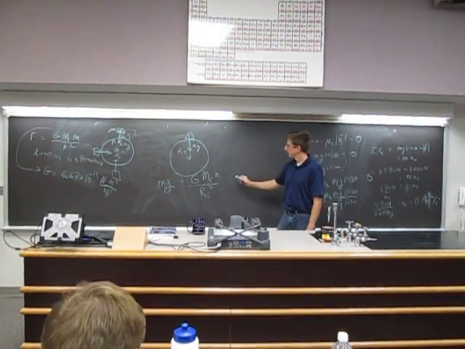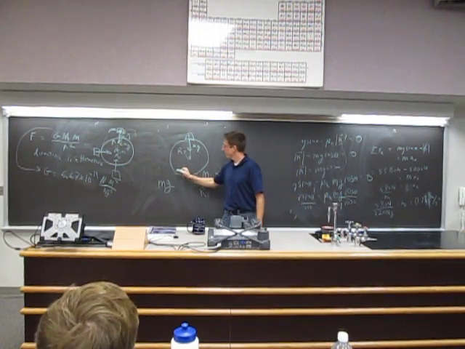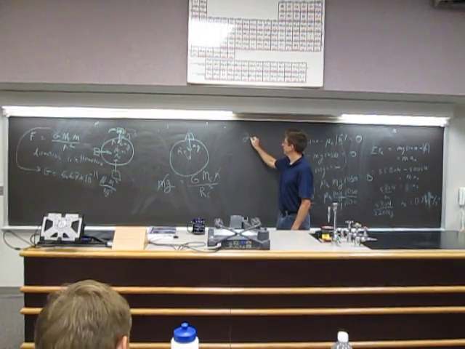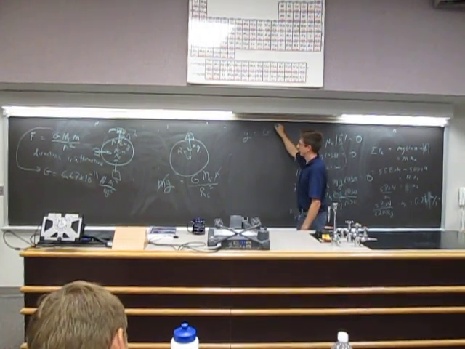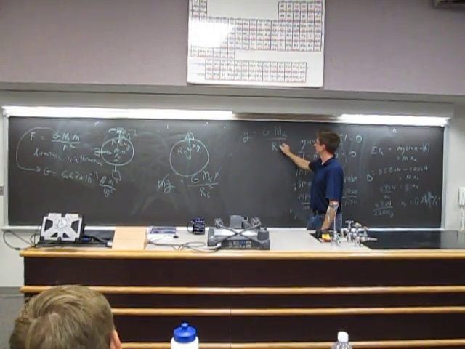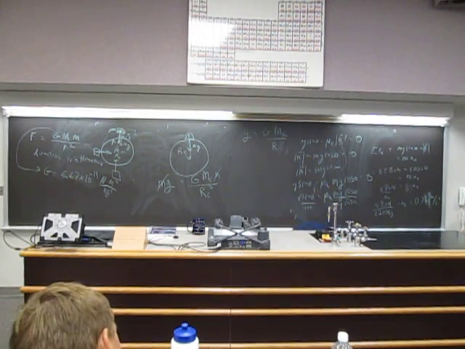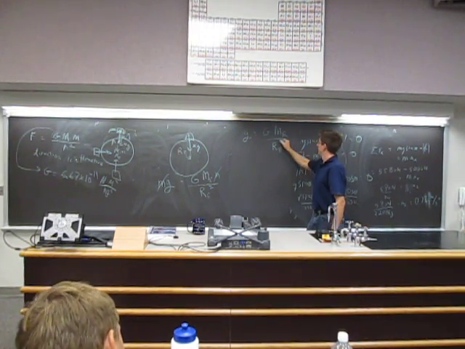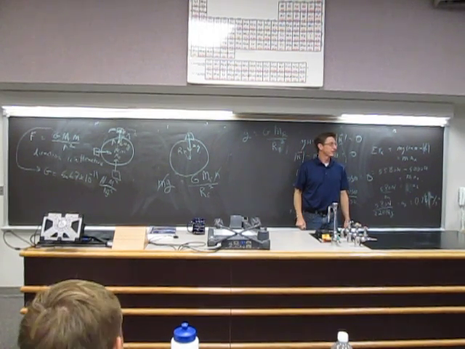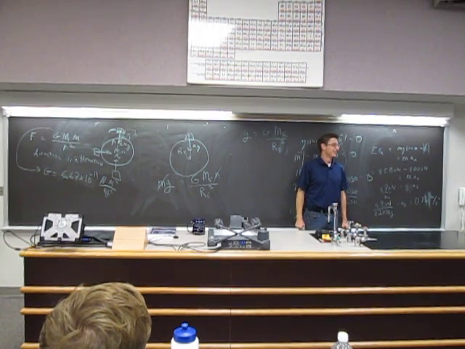The little mass that's on the Earth cancels out of this expression. I know G is the universal gravitational constant, so g equals G times mass of Earth over the square of the radius of the Earth. I could actually get the mass of the Earth if I knew the radius of the Earth, couldn't I?